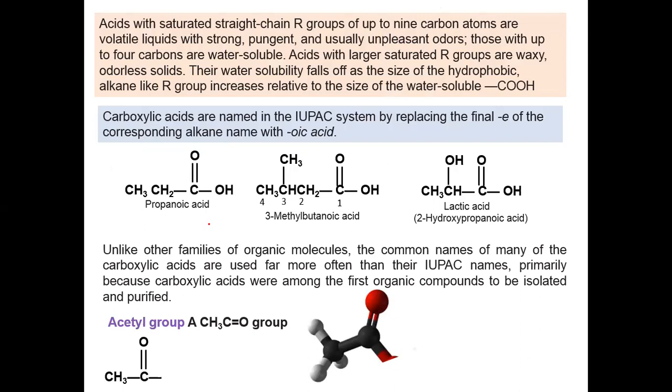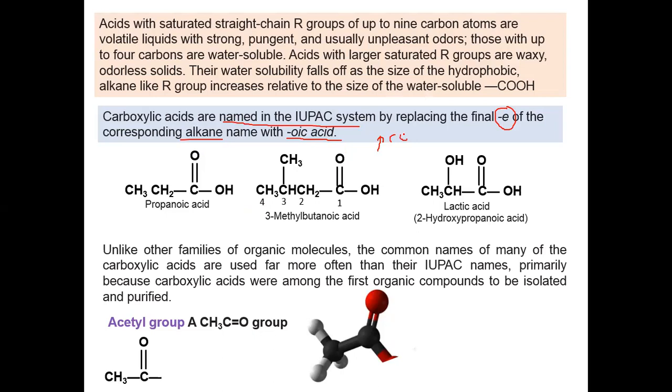So now let's see how to name carboxylic acids. Carboxylic acids are named according to the IUPAC system by replacing the E of the corresponding alkane with OIC acid. That's the whole story. Say you have propane.